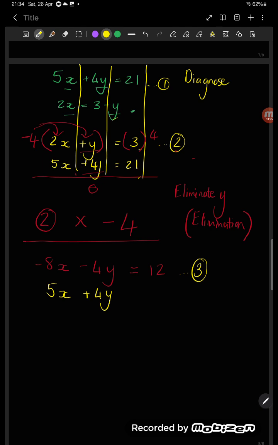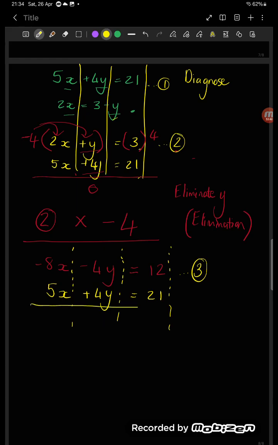Now I'm putting them under each other so that I can see clearly how to add them. And I've got invisible columns. What is it? 5x plus y is equal to 21. I've got invisible columns that I'm adding the x's, I'm adding the y's, and I'm adding the constants. That's why I want to put them very neatly over each other.